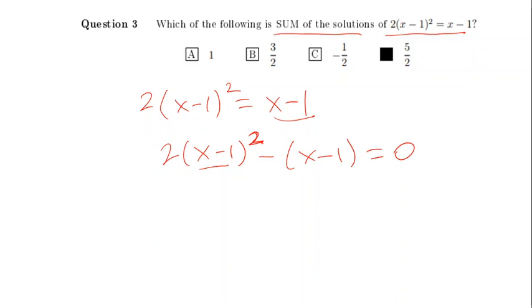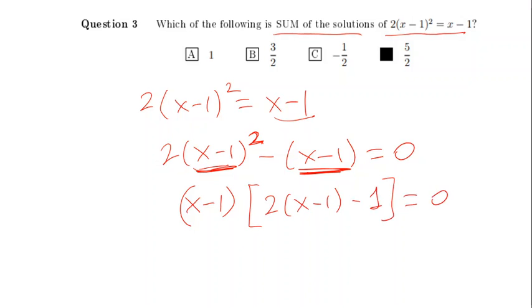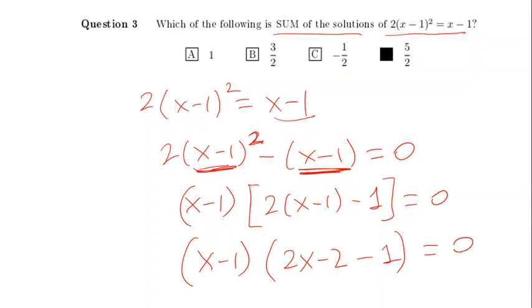I see a shortcut here. The shortcut is there's a common factor here, x minus 1, which makes 2x minus 1 minus 1. So x minus 1 times 2x minus 2 minus 1 makes 0.